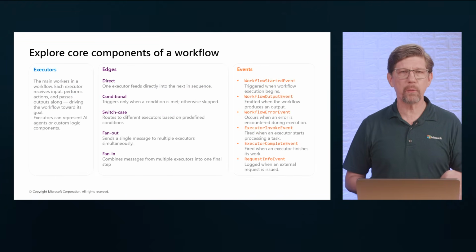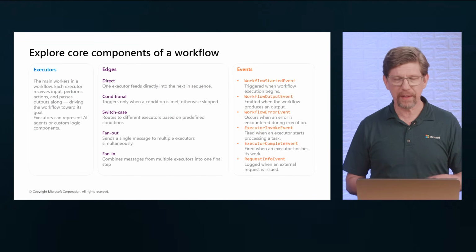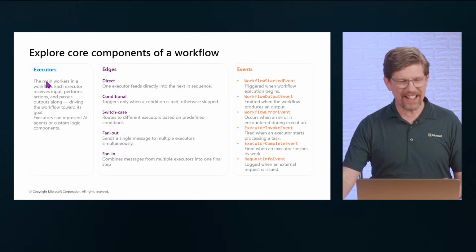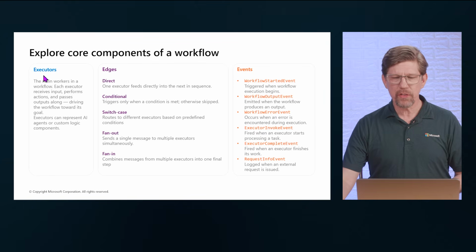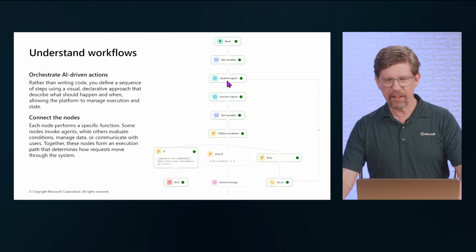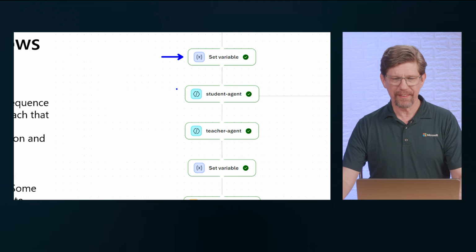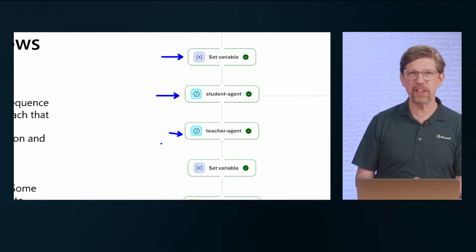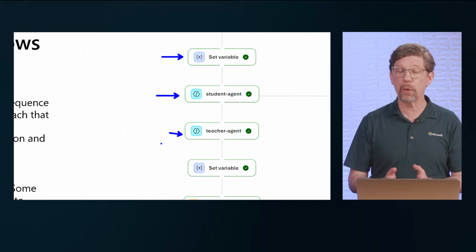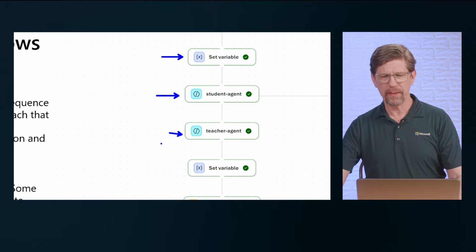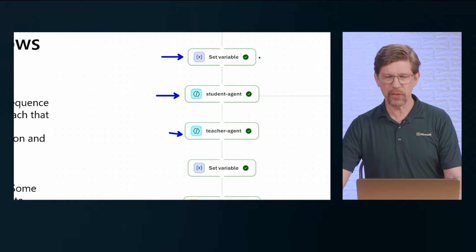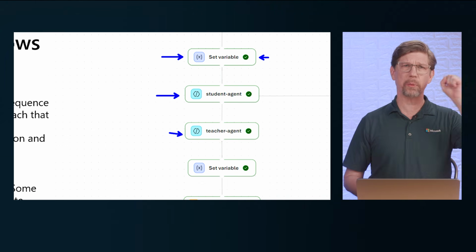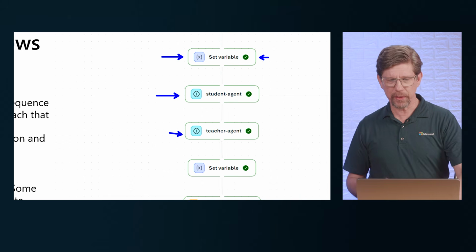So when it comes to working with workflows in Foundry, there are a couple of underlying principles. The first is this idea of an executor. Each one of these nodes inside of Foundry is its own individual executor. They have their own abilities. For example, this one here would have the ability to set a variable, possibly define that variable, then put a value into it.